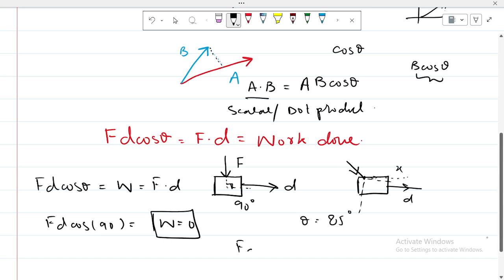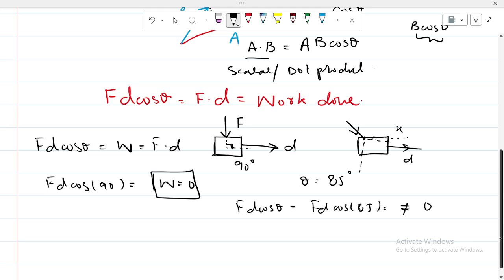So in that case, F D cos theta would be F D cos 85. Cos 85 is very small quantity, so whatever this is, it is not equal to 0. So we will actually be able to push this cart a little bit, but this quantity would still be very small, but it is going to be non-zero.